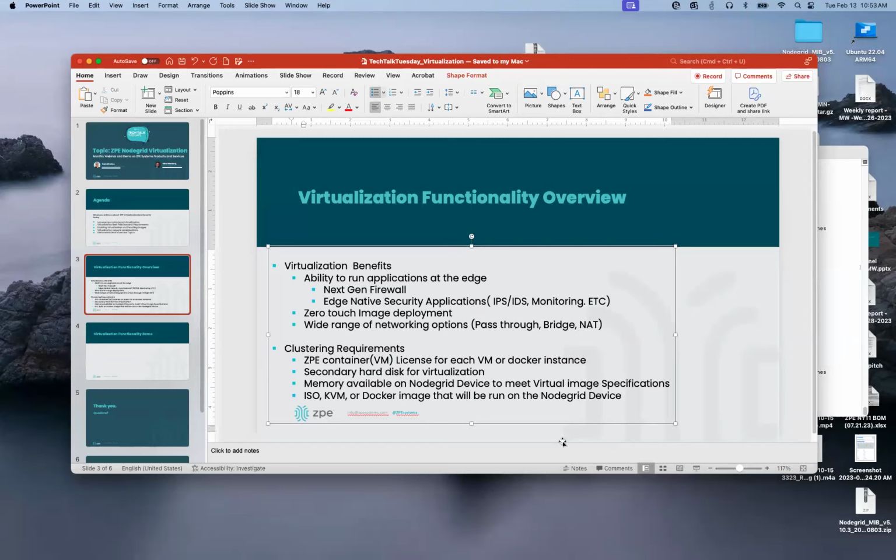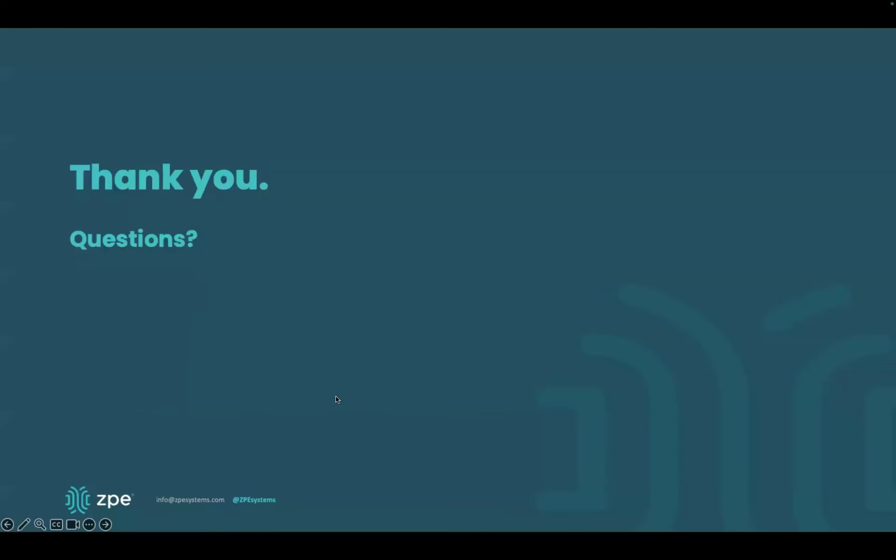Gotcha. Perfect. And then we have one last question. Can virtualization be scripted, thinking like zero touch deployment? Yep. So that can be done either by the ZPE cloud. So we can even host images and have the ZPE cloud push the image down to the proper folder and then start a specific device. We've done this in several use cases for customers.